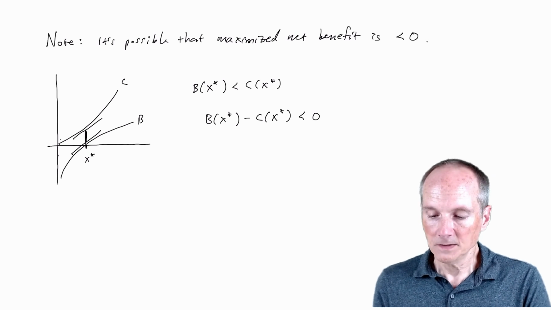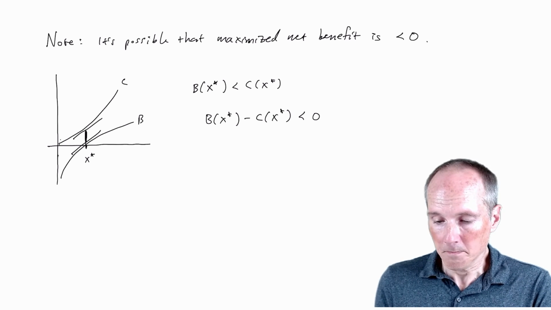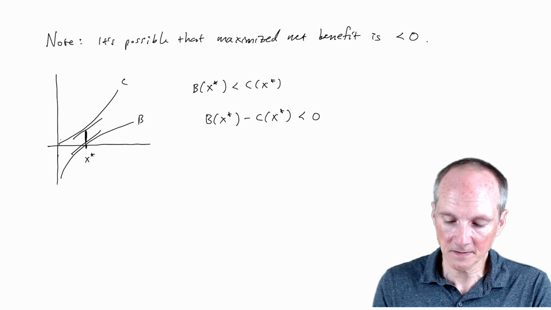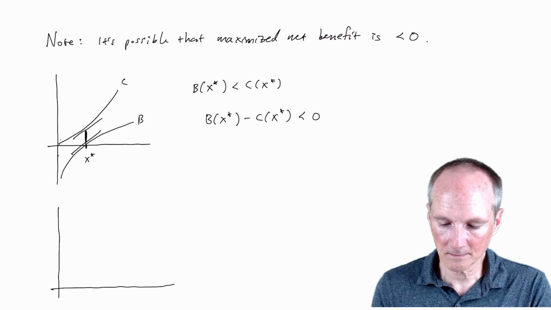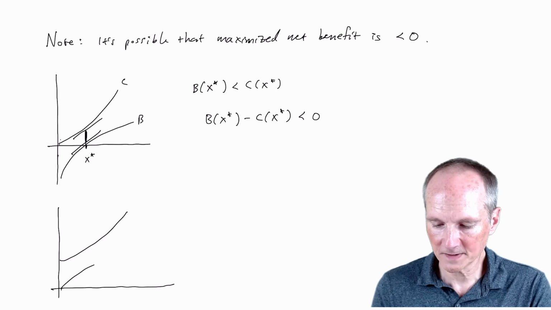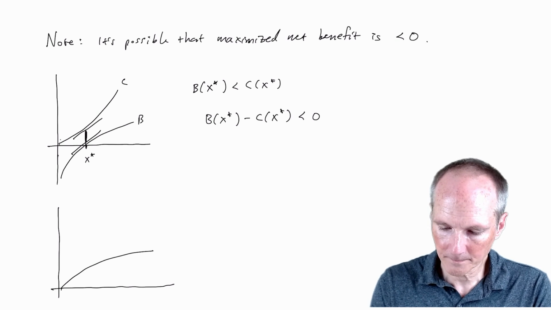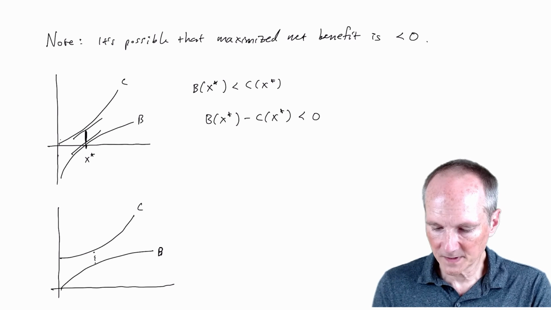Okay, so another way that could happen, obviously here I did sort of a log functional form for the benefit function, but the cost function could look like this. Benefit function like that. That's not a very good looking picture, but okay. Again, there is an optimal scale.